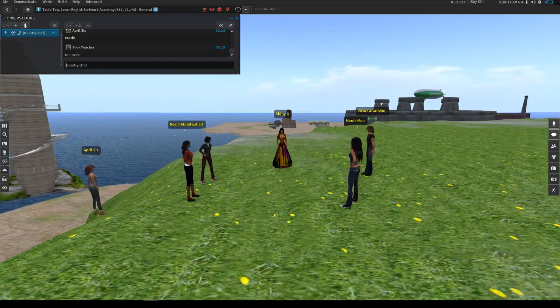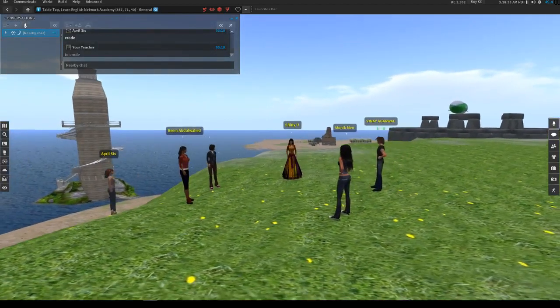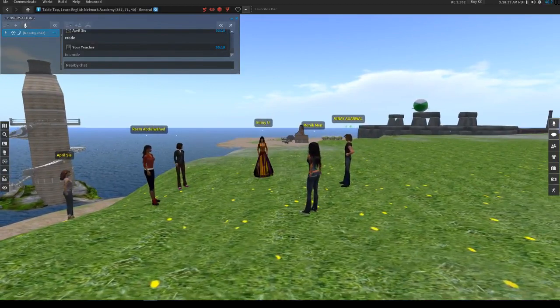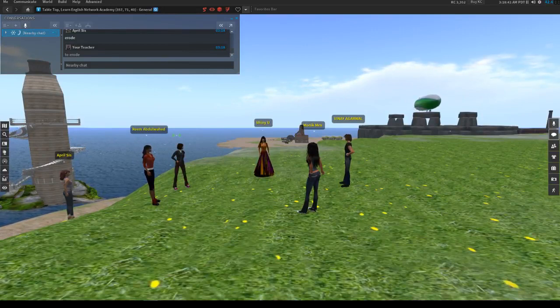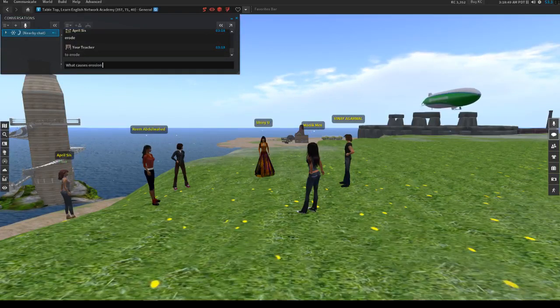Basically it's a very long process, erosion, but you can see it all around you. Tearing of the rock surface, we can say erosion. And everything erodes over time. And what causes erosion? Any ideas? Water. Water, wind. Yeah, water.